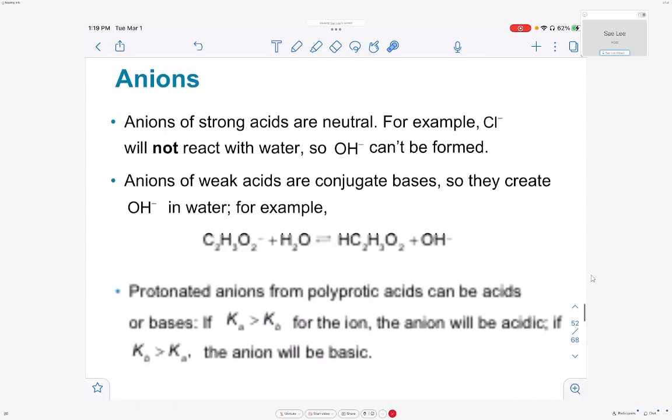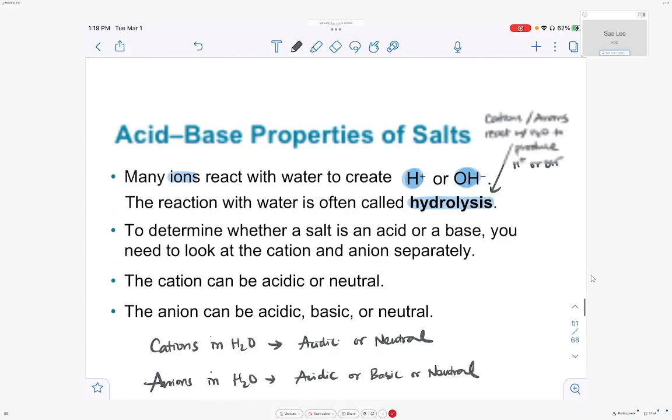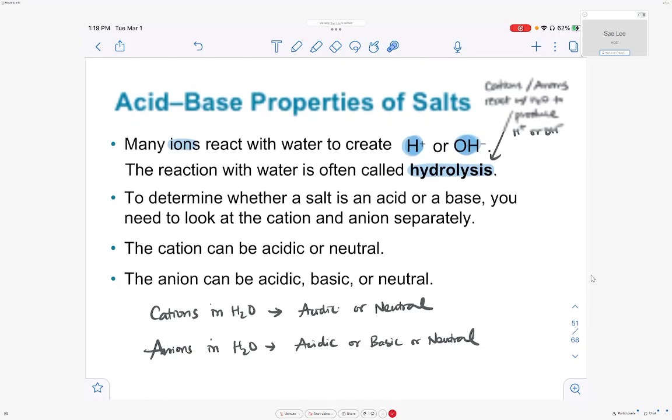Let's take a look at anions first. We're talking about acid-base properties of salts. Please let me know if the screen is frozen or not loading properly.